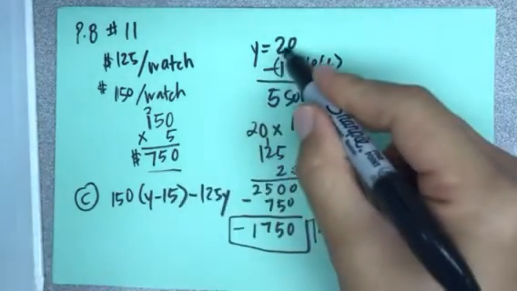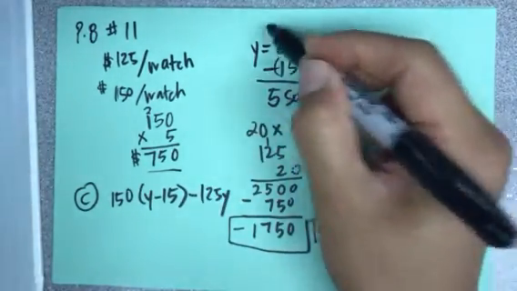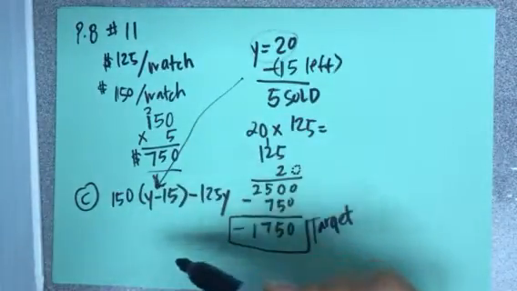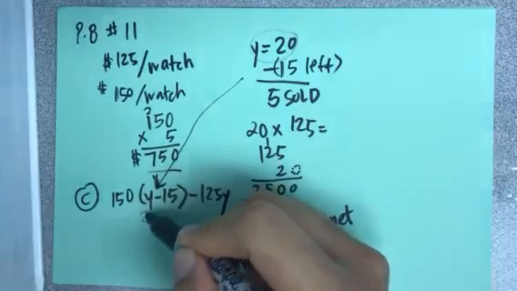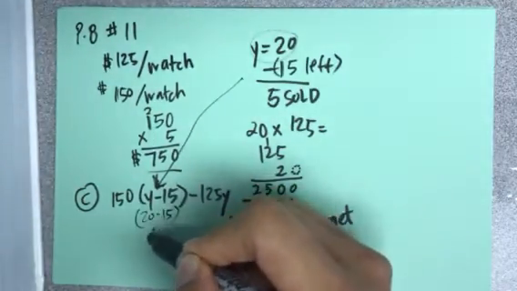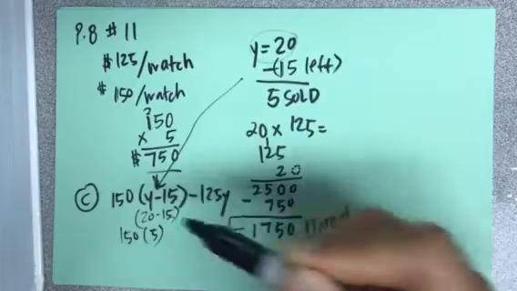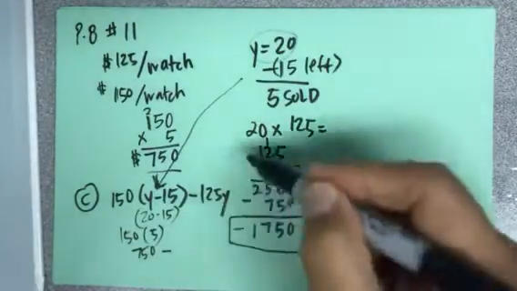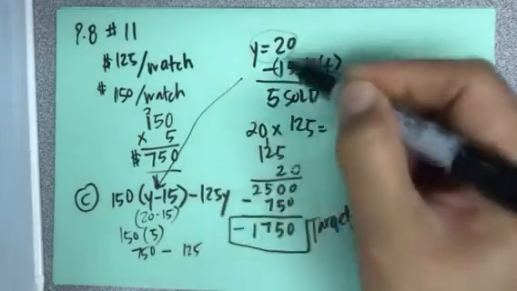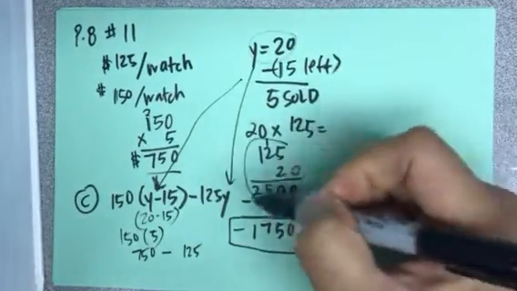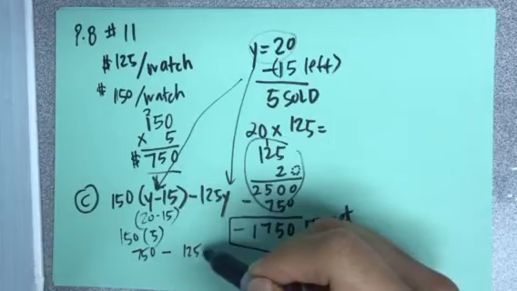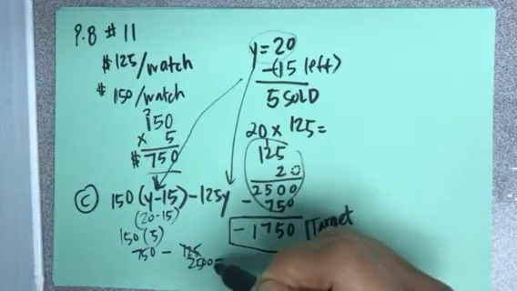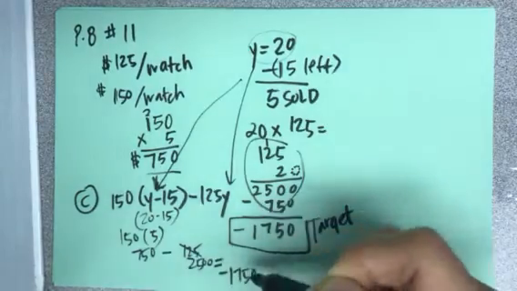So our Y is 20. You plug this 20 into this Y right here. You'd do this for every single one, but I'm just taking you straight to the answer. That's basically 20 minus 15, which is 5 times 150. 5 times 150 we already know is 750, minus 125 times Y. We already did that math right here, and that's 2,500. That gives us exactly negative 1,750.